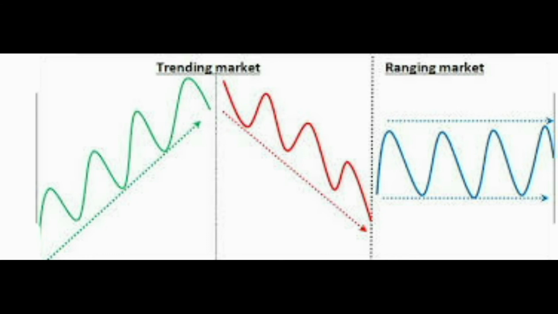So they kind of sit still like on a seesaw. When you put two things of equal weight on both sides of a seesaw, it's just horizontal, straight across. That's an example of what you would typically see in a ranging market. Think of it as a seesaw that's leveled out, and everything is just moving horizontally across.